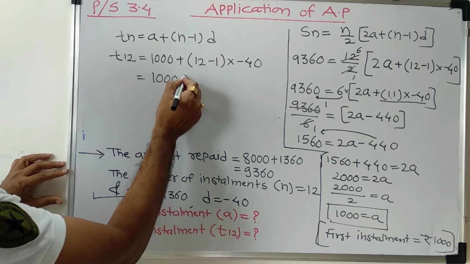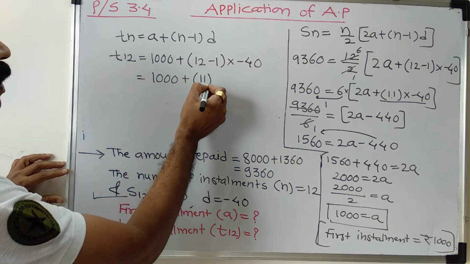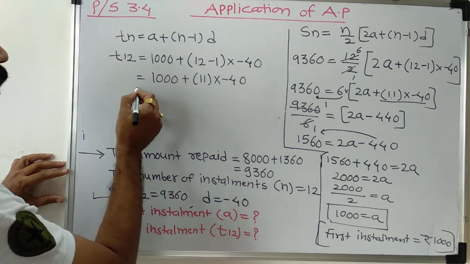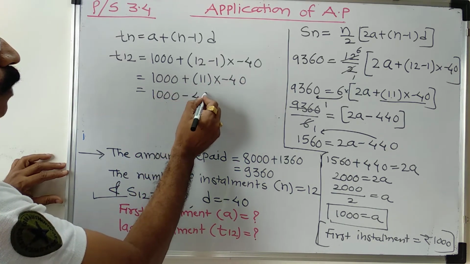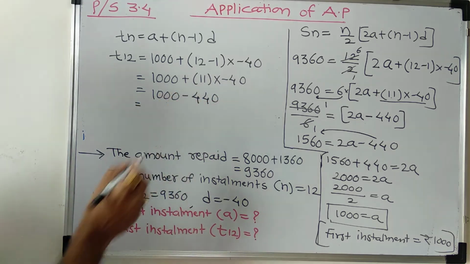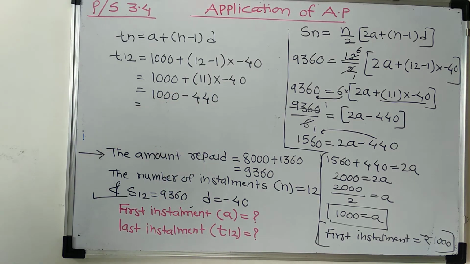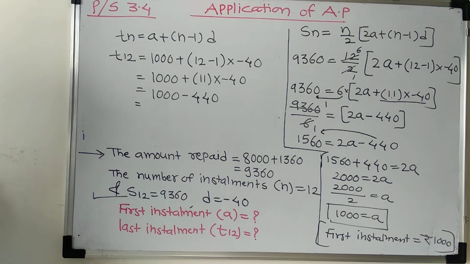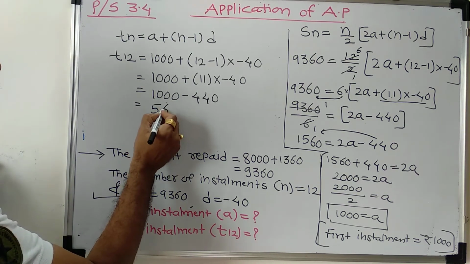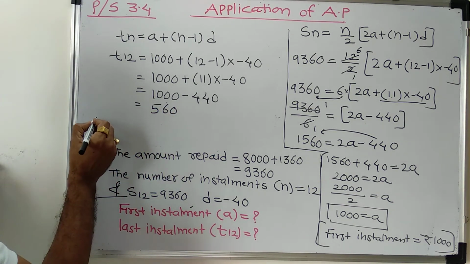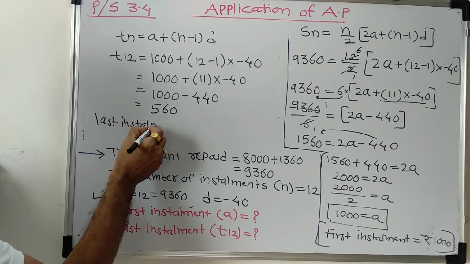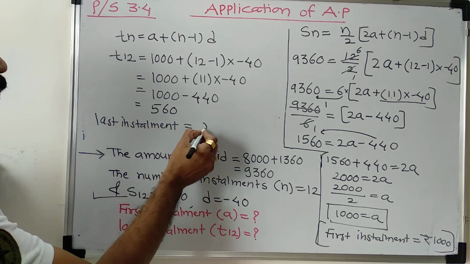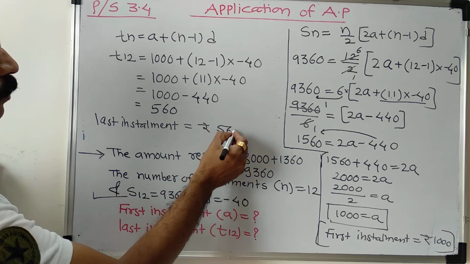Simplify. 1000 plus 11 into minus 40. Plus into minus gives you minus. 11 into 40 gives you 440. So 1000 minus 440 gives you 560. So the last installment is equal to rupees 560.